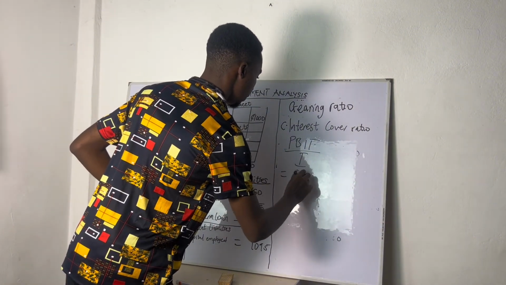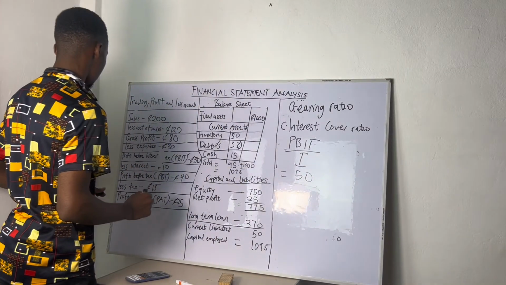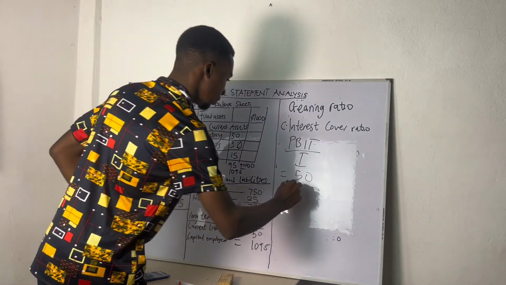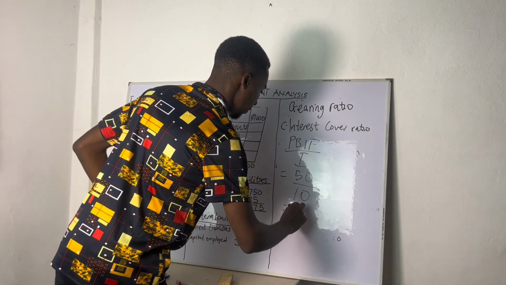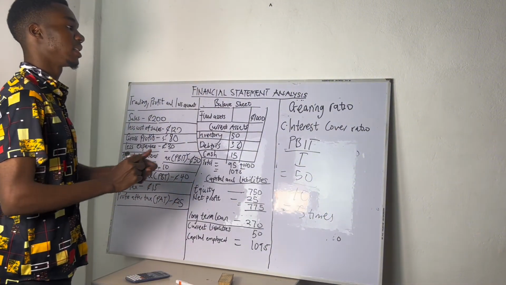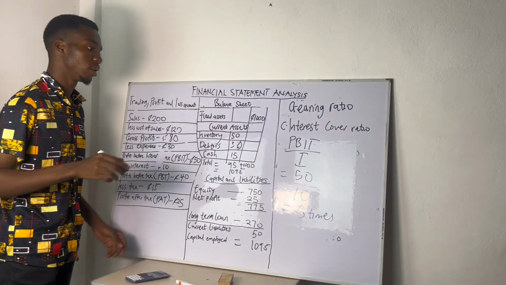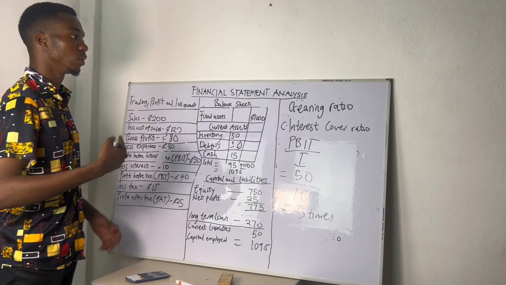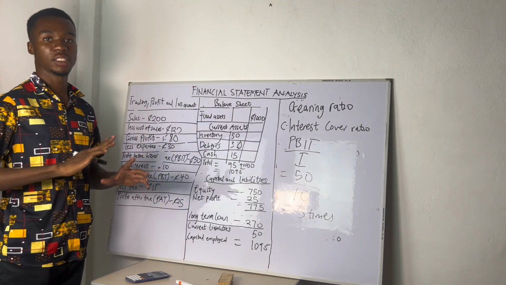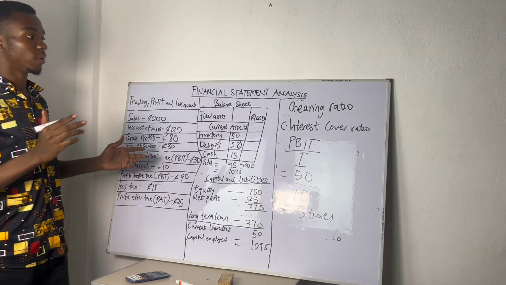So it's 50 over the interest, and the interest is 10. So we have 5 times. It's the same thing as what we said before. It means the company can pay the interest that it's supposed to pay to the bank 5 times. That's basically it. That's the last one.